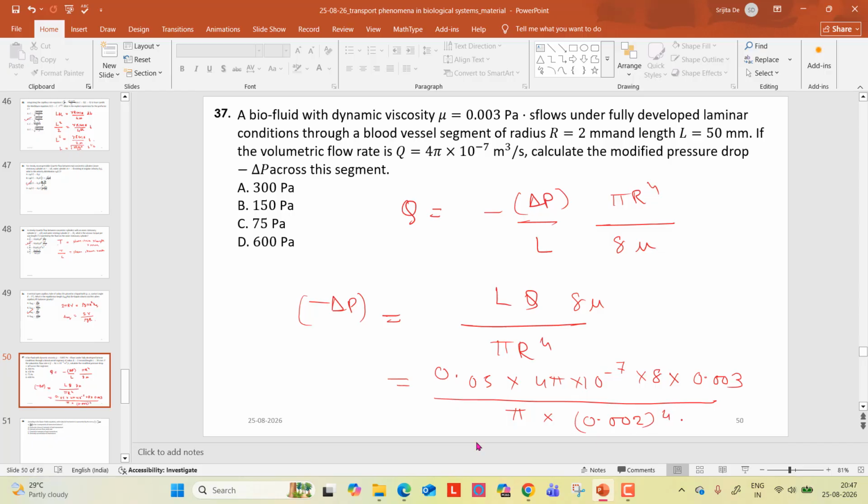Okay, now if we calculate what it will be coming as, 0.05 into 4 into 8 into 0.003 into 10 to the power minus 7 divided by 0.002 to the power 4.